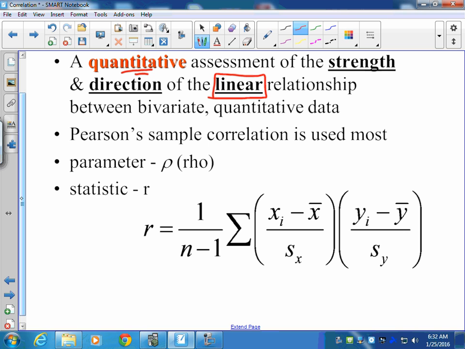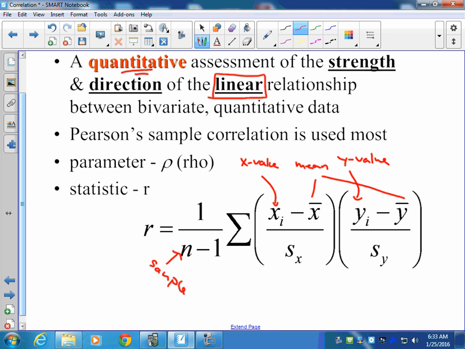When we're looking at our calculation, we want to think about some of our values here. We've got our sample size that we need to take into account. This is each individual x value. We have each individual y value. And then we have our mean values for x and y, and we'll go back over how we find those.